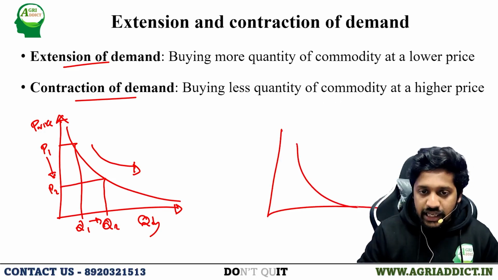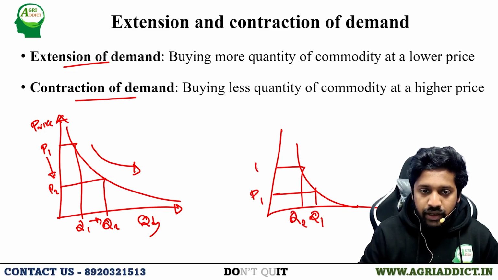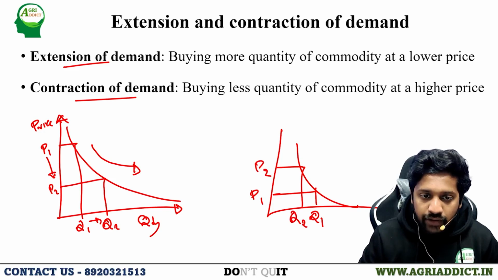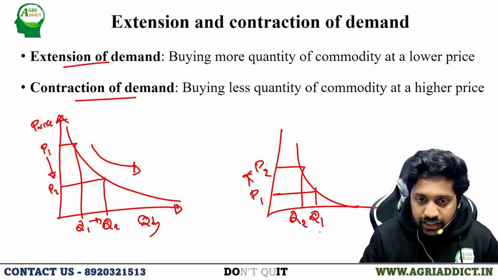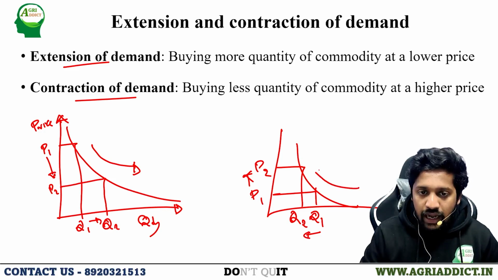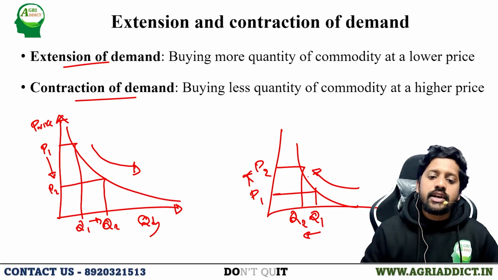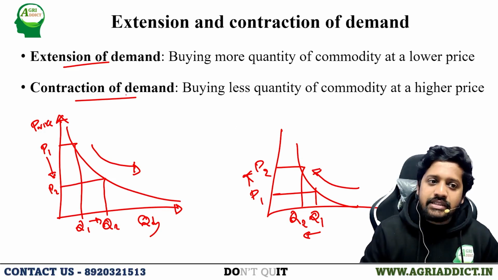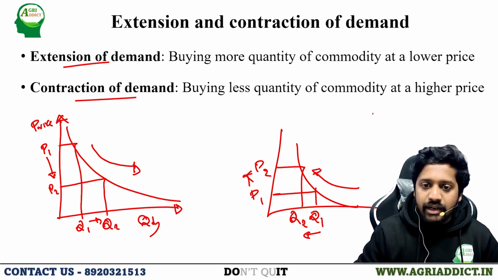So in the same demand curve, Q1, Q2, P1, P2. When price is increasing, the quantity decreases from Q1 to Q2. So moving upwards along the demand curve can be considered as contraction of demand.